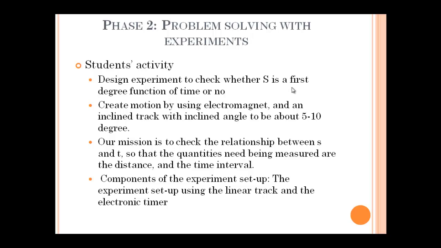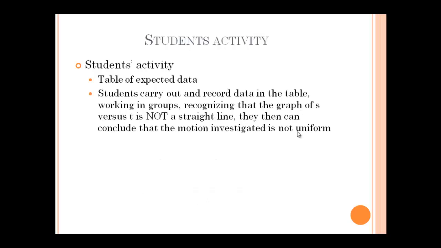We create motion by using electromagnets and an inclined track with an inclined angle of about 5 to 10 degrees. The mission is to check the relationship between s and t, so the quantities that need to be measured are the distance and the time interval. The experiment setup uses a linear track and an electronic or digital timer.